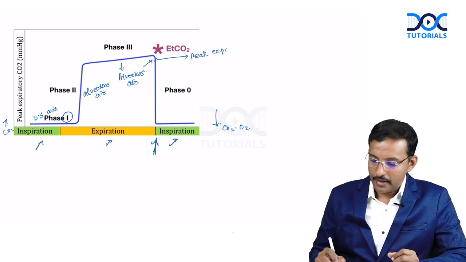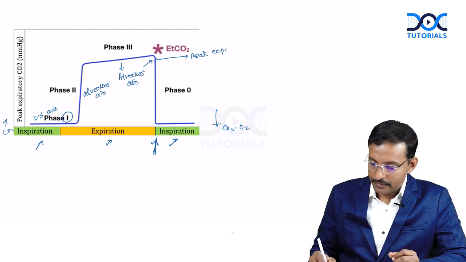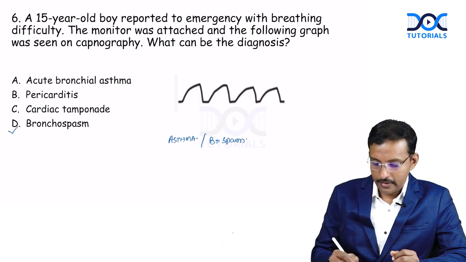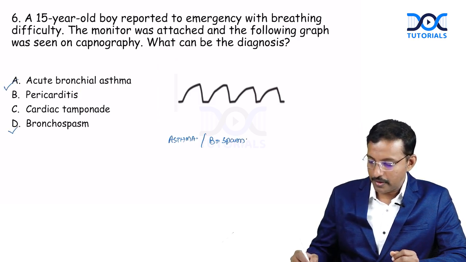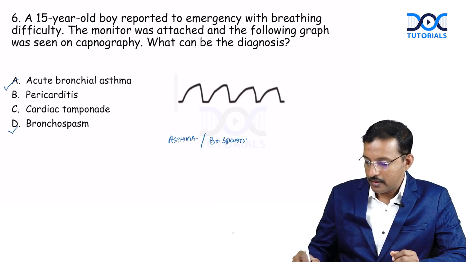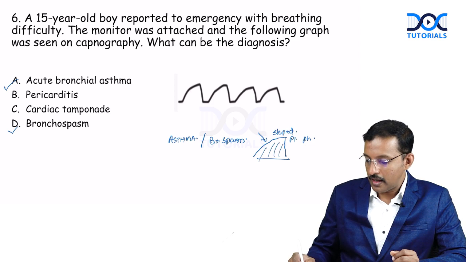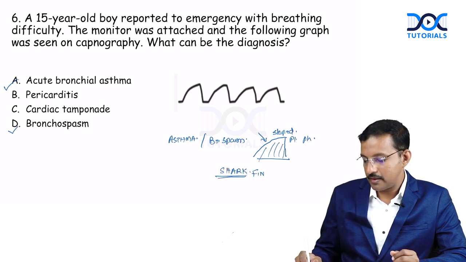Now what happens in cases of asthma or bronchospasm, as in this case, acute bronchial asthma or a bronchospasm, the plateau phase becomes sloped. This is otherwise known as the shark fin appearance. Shark fin appearance, isn't it?